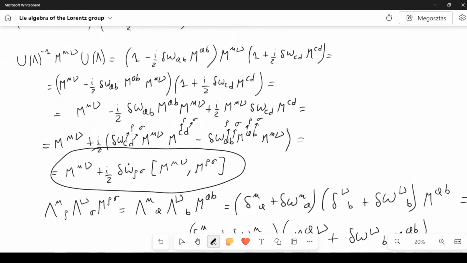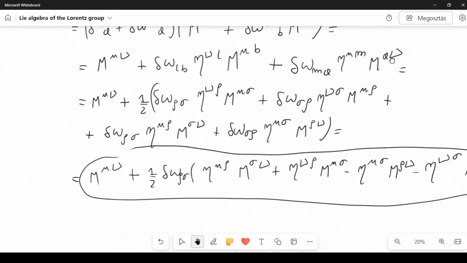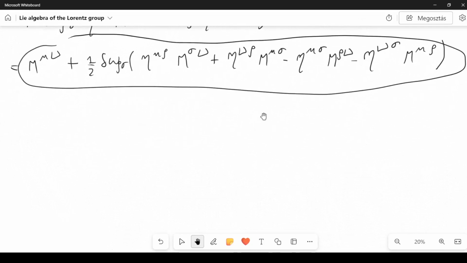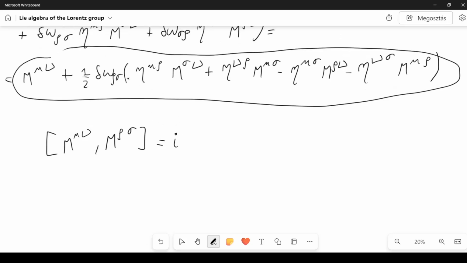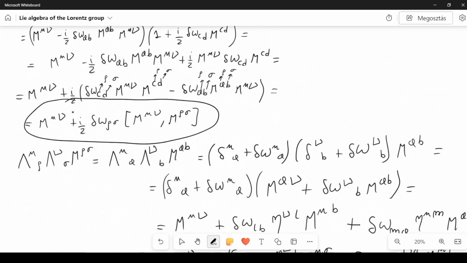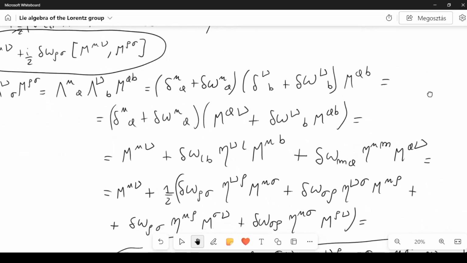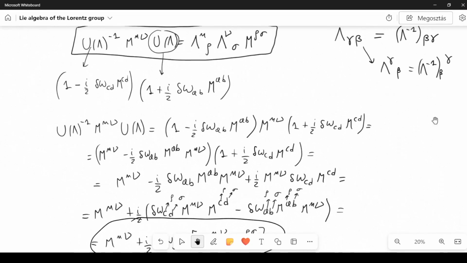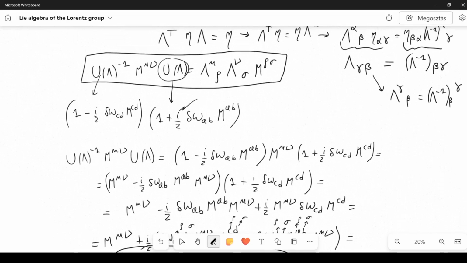Since these variations here, these small changes, are infinitesimal and arbitrary, we have basically shown that the commutator between M mu nu and M rho sigma must be equal to i. We have this expression, but we have to change the sign of it because I have multiplied by i. If you remember, we have a factor of i in here, which is just used as a definition when we expand these terms.